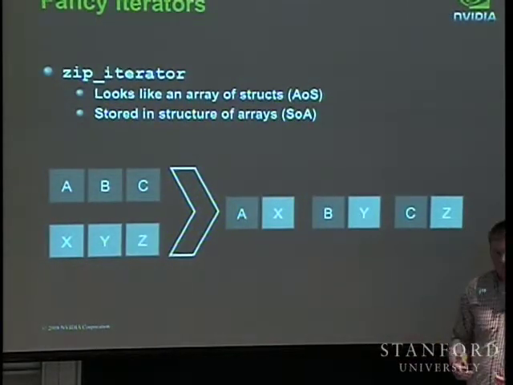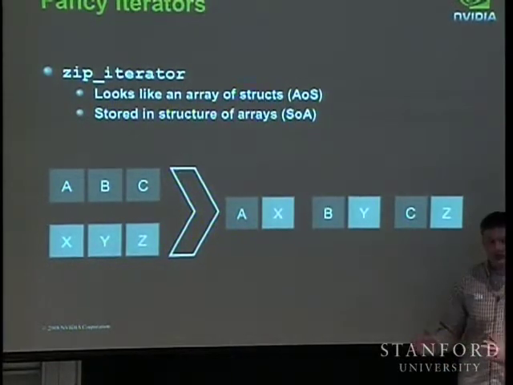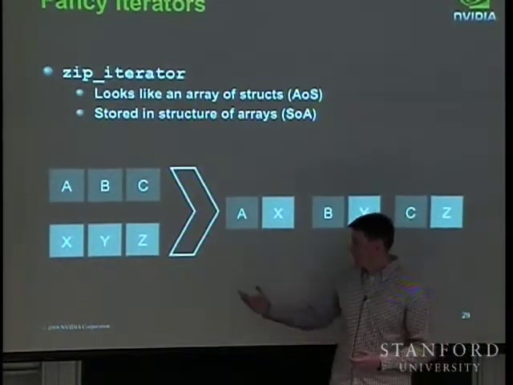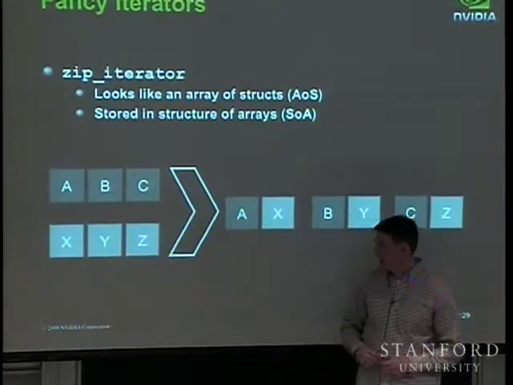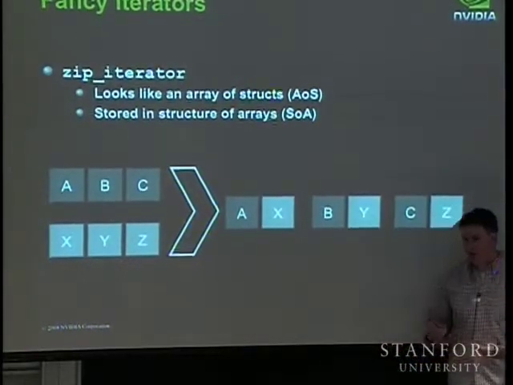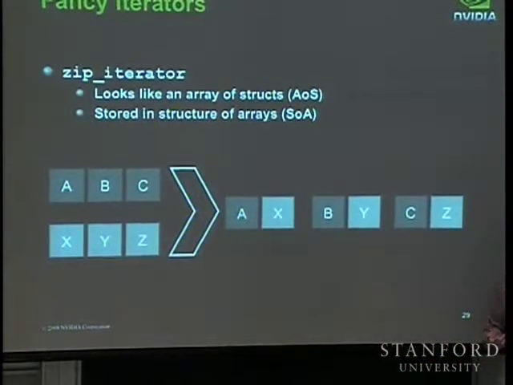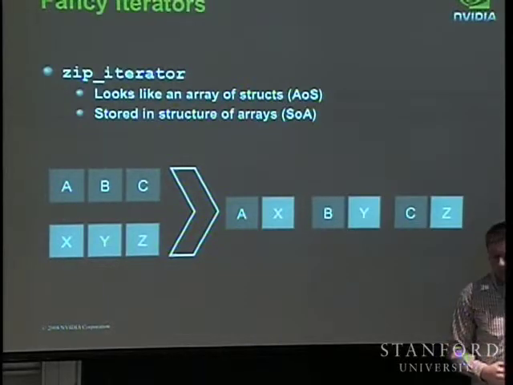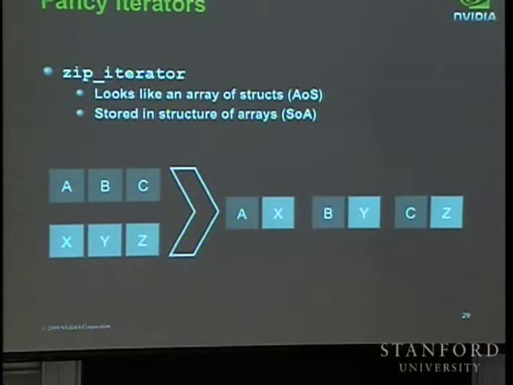And the reason to do this is that the algorithms we provide usually only operate on 1 or 2 sequences. So if you want to do a reduction, you can only operate on a single sequence. So if you want to process multiple sequences together, say you want to reduce pairs together, you want to pull in 2 sequences and perform a reduction on those, you'll need to use zip iterator to do that kind of operation.